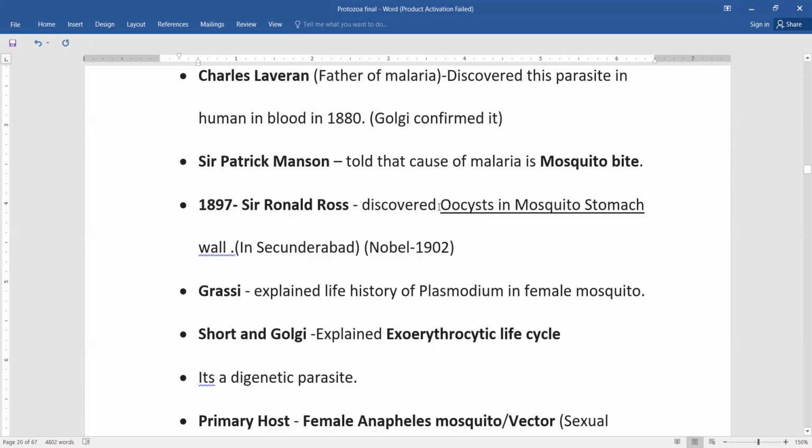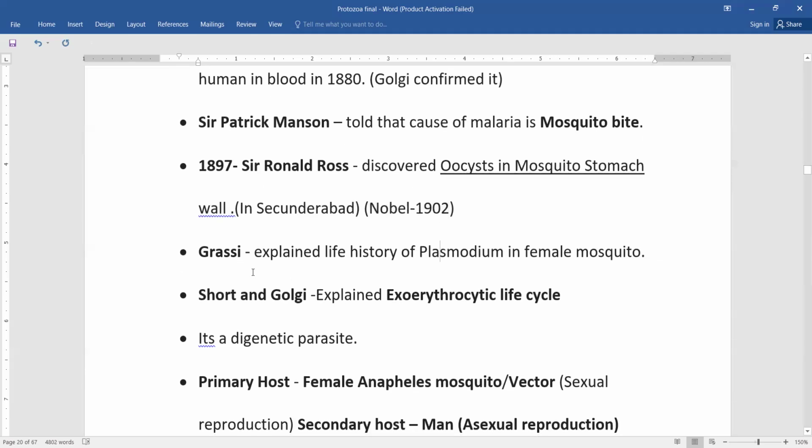With the help of a simple dissection microscope, he found the oocysts, from which the sporozoites are produced. He found oocysts in the mosquito stomach wall. With that, it was confirmed that the mosquito bite causes malaria. For which he was awarded the Nobel Prize in the life sciences.